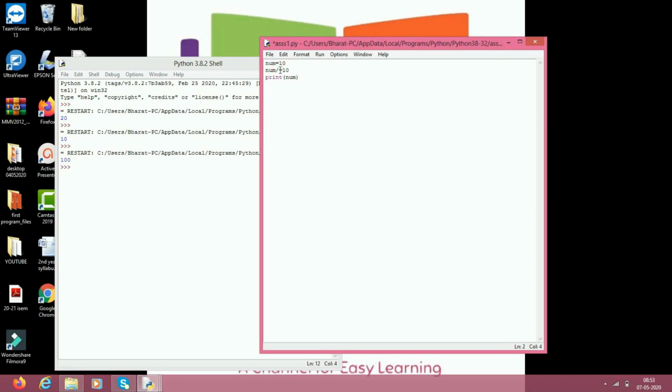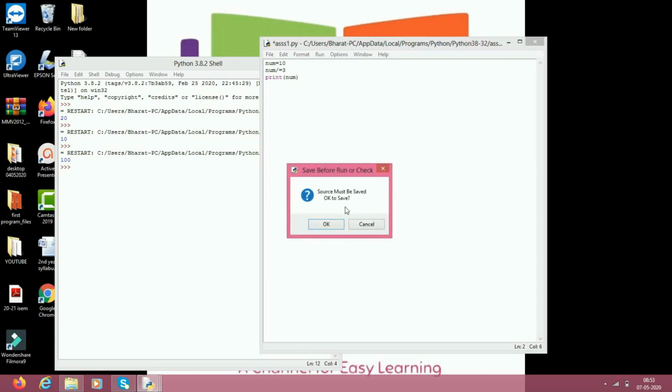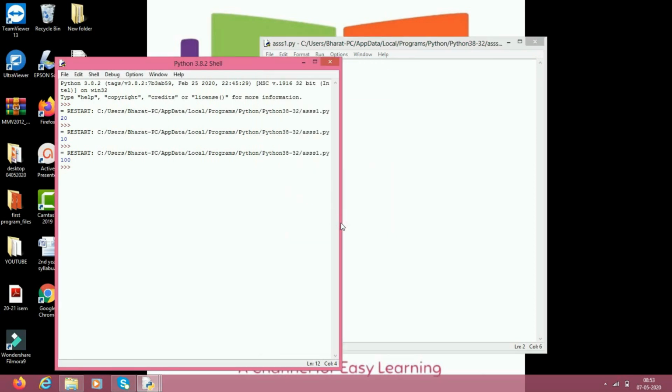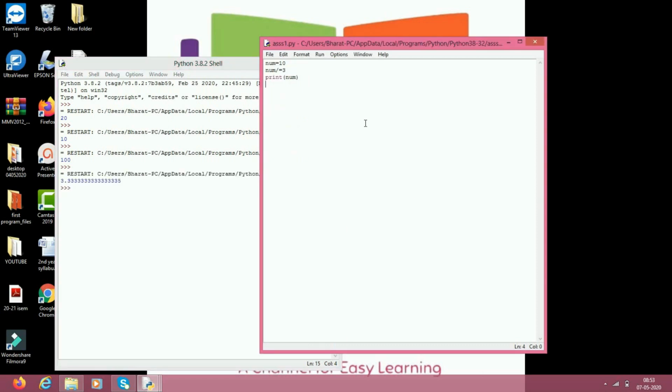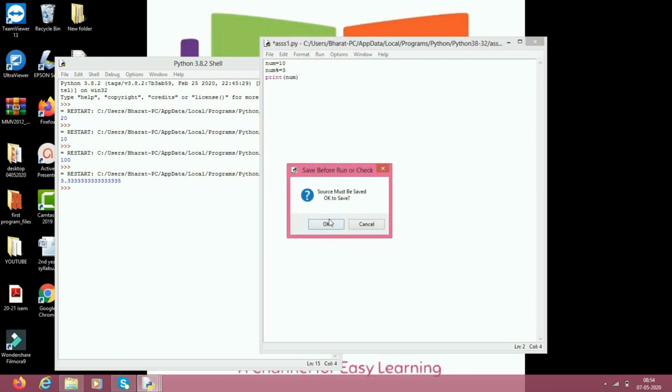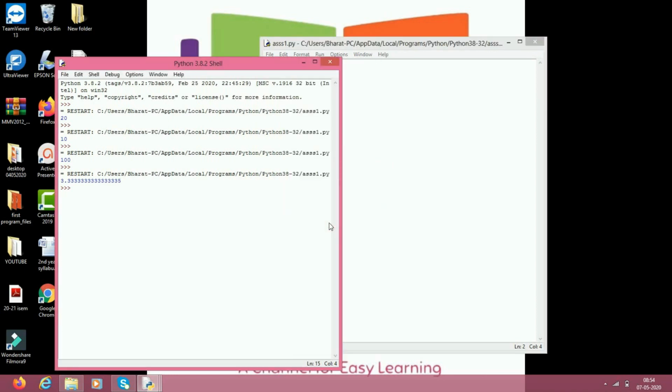I am applying 3, 10 divided by 3, and storing the value in the same variable num, it returns 3.333. So next, modulus equals, it stores the remainder. 10 percent 3, the remainder is 1. It stores 1 in num.